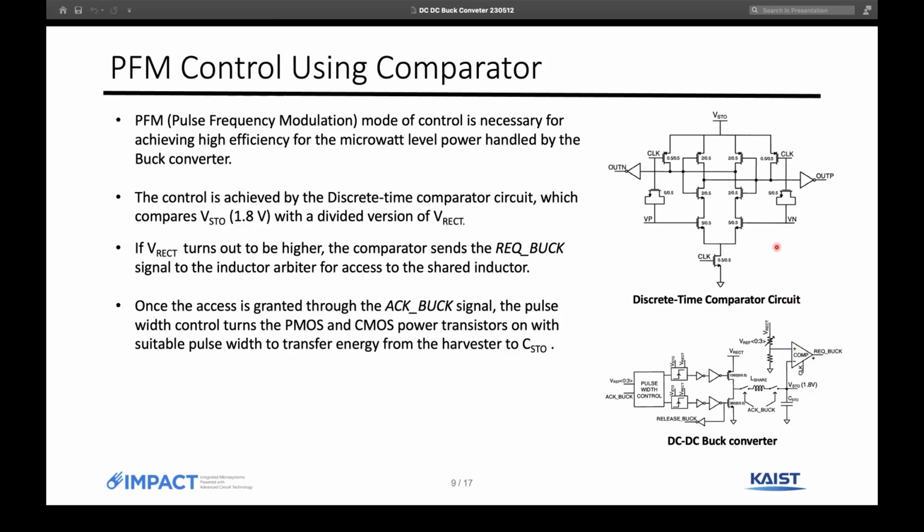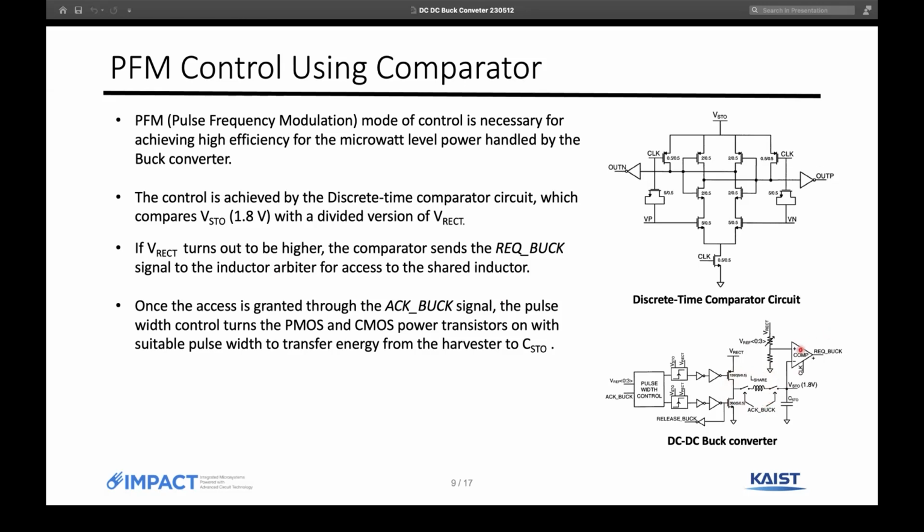If we look into detail, this is the discrete time comparator circuit we're talking about. This comparator compares Vrect with VSTO, as you can see right here. This is VSTO, and this is Vrect. If Vrect turns out to be higher, the comparator sends a request signal to the inductor arbiter to access the shared inductor.